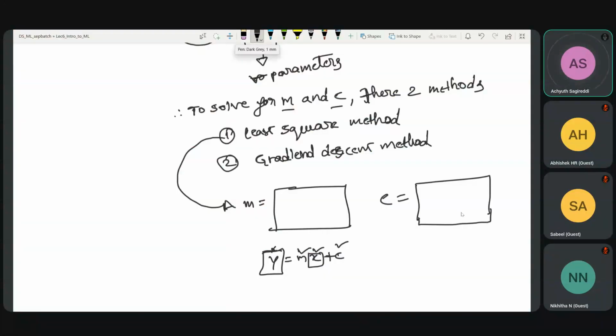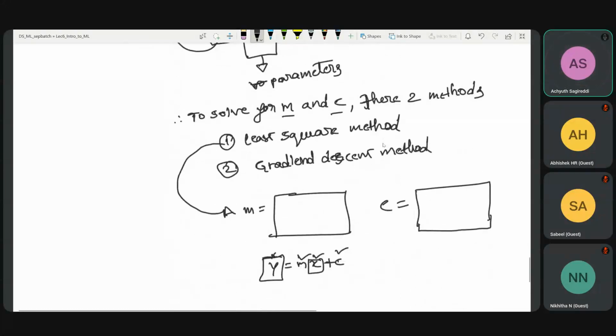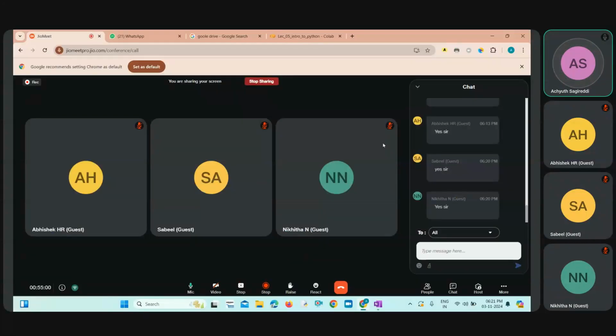Okay, I know this is somewhat mathematically heavy. We'll not go into the math. We'll see it the machine way, I mean, the programming way only. I'll try to reduce these things into the programming way. Anyways, understood till now, yes or no?